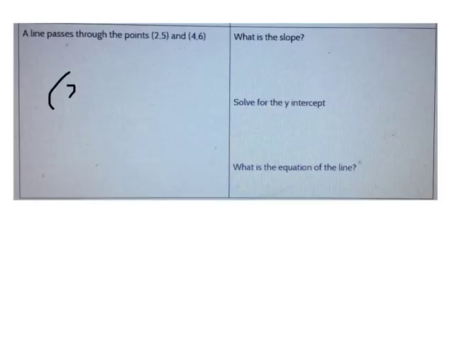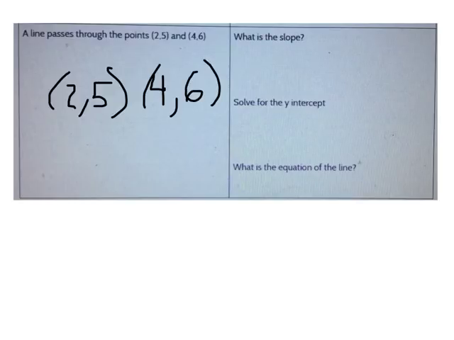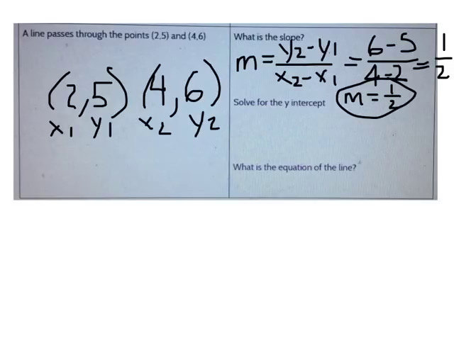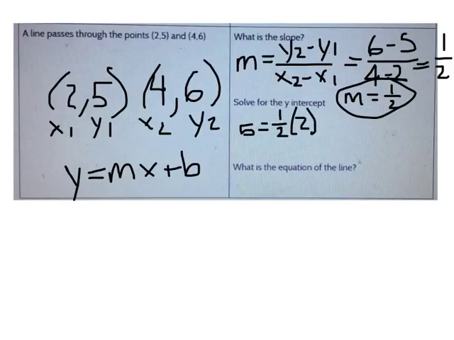A line passes through the points (2, 5) and (4, 6). What is the slope? Go ahead and find the slope of this line now. The slope of the line is 1/2. Now I can solve for the y-intercept by plugging numbers into my equation. 5 equals 1/2 times 2 plus b.